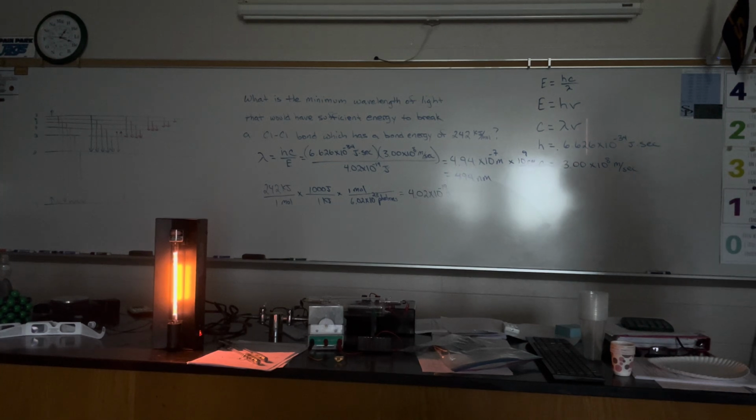And when you look at all of the different elements, every element has its own unique characteristic bright line spectrum. This is how they can know what elements are in the sun or in stars, because they can look at the spectrum being given off and identify elements. It's kind of like going to Walmart.